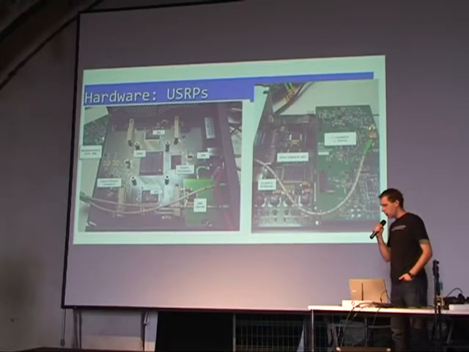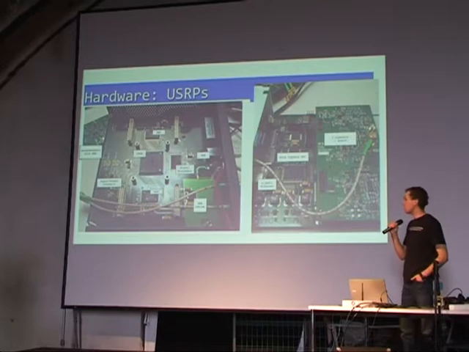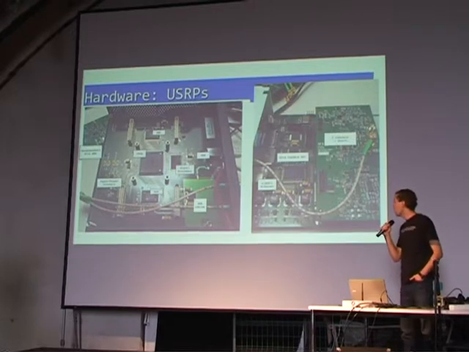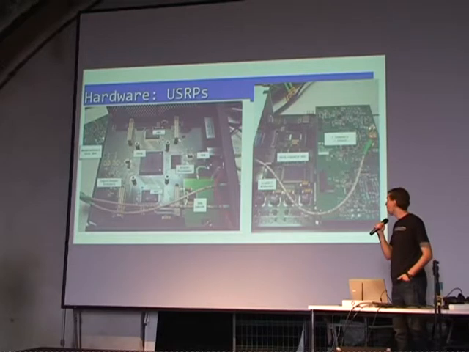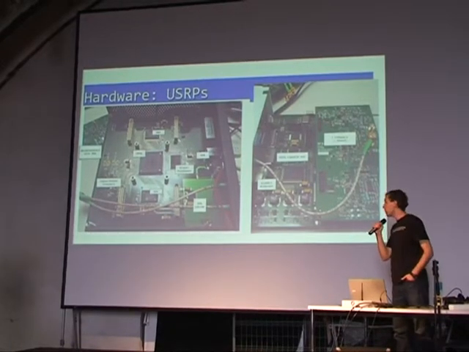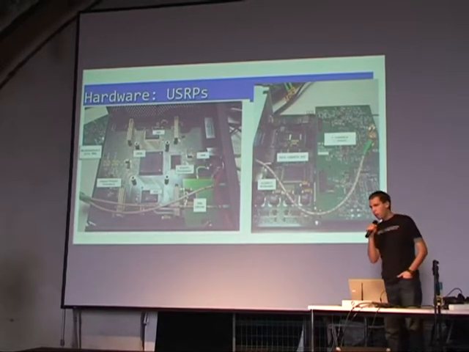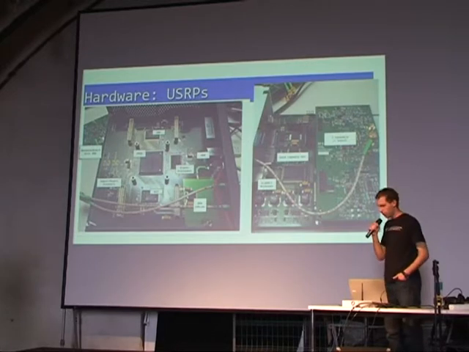And the USRP2 has a more capable ADC, which is operating at 100 megahertz instead of the USRP1 that is something like 64 megahertz. And it has gigabit Ethernet, so it doesn't downscale to USB anymore, which characterizes the differences between these 2 devices that are mainly used to work with GNU Radio.